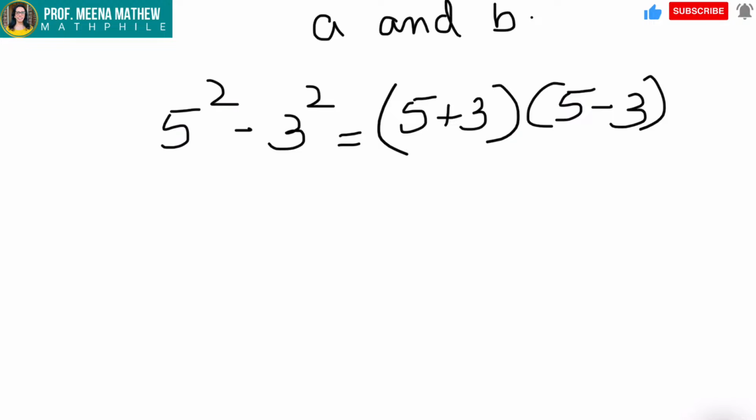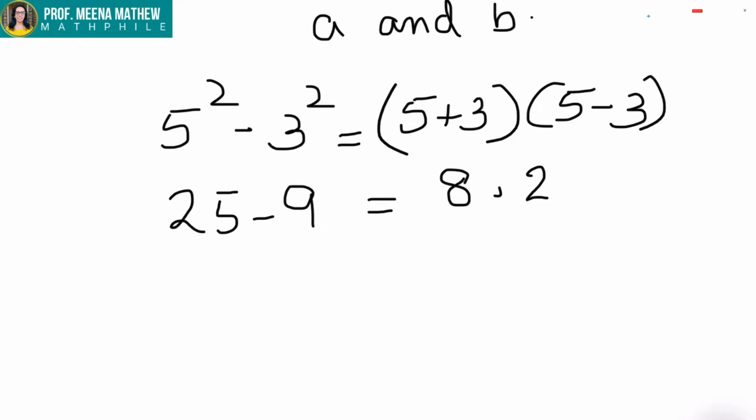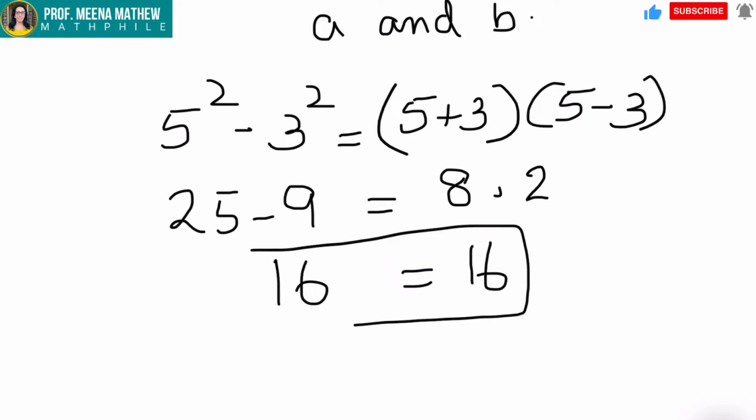Let us verify this. 5 square is 25, 3 square is 9, equals 5 plus 3, 8, times 5 minus 3, 2. 25 minus 9 equals 16 and 8 times 2 is 16. So it is verified now.